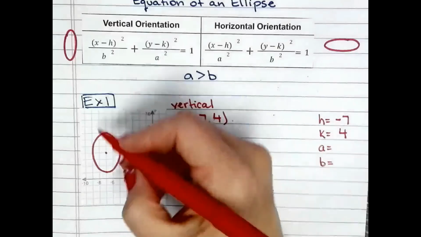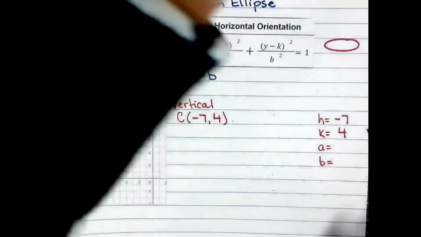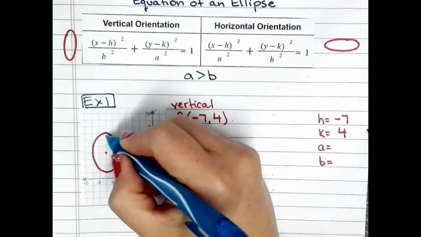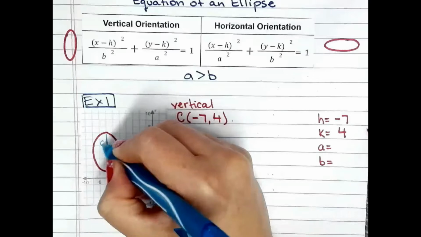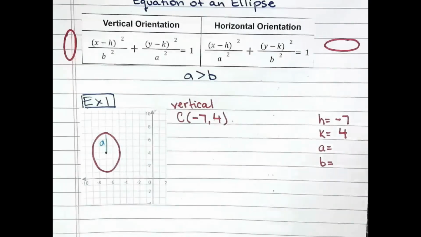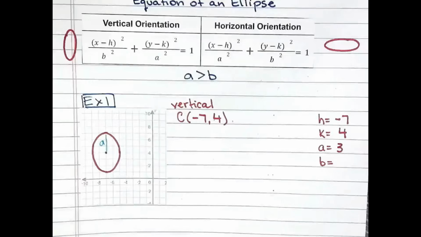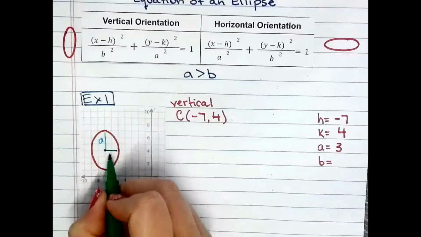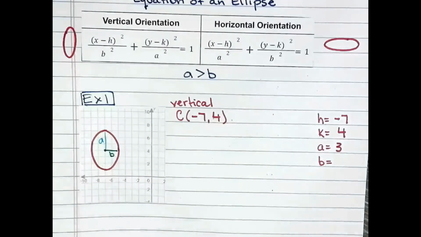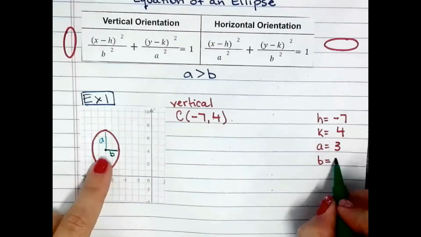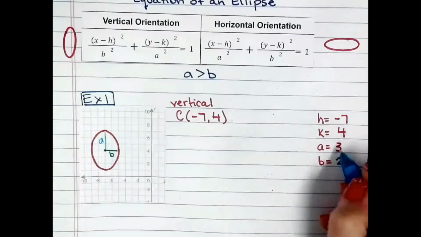So the center to the vertex, that's A, and A in this case is 3. And B is the distance from the center to the co-vertex. B is that right there, and B is 2.